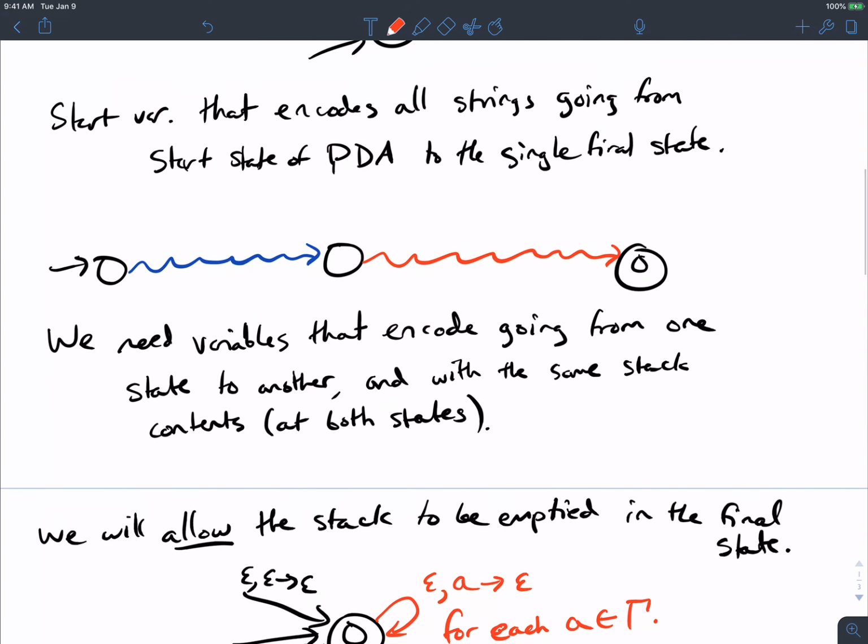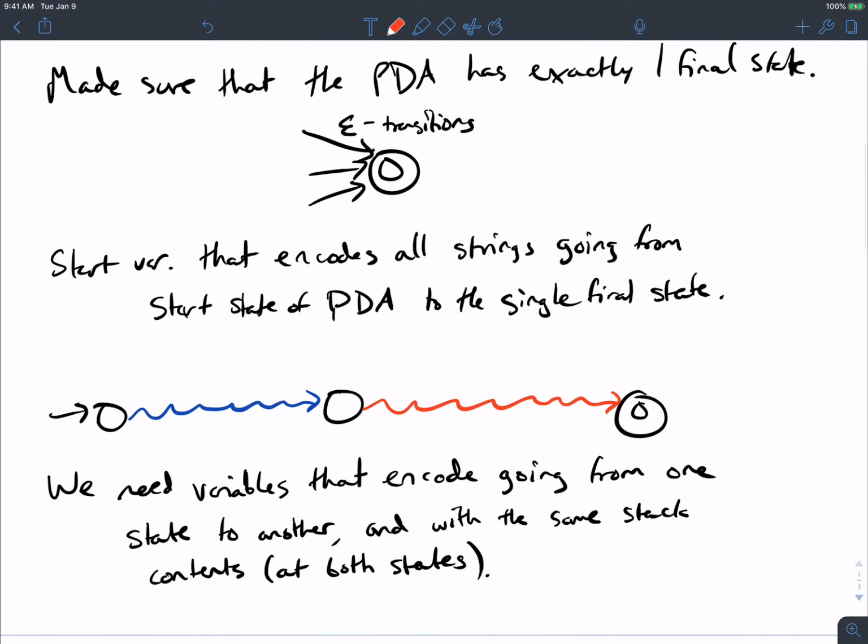Well, here's another issue. Suppose that we are in a particular state and we have certain stack contents, come back to it, we want to have the same contents of the stack. But the issue is, what if we come back and the same stack height is there, but a different symbol is present on the top?